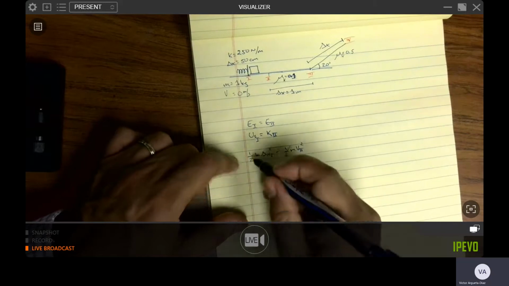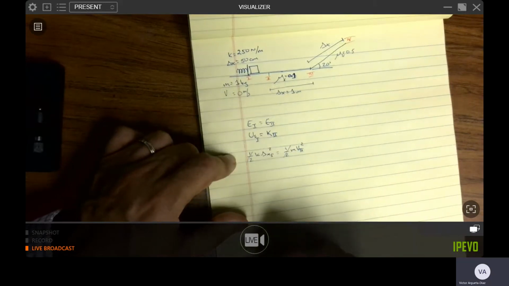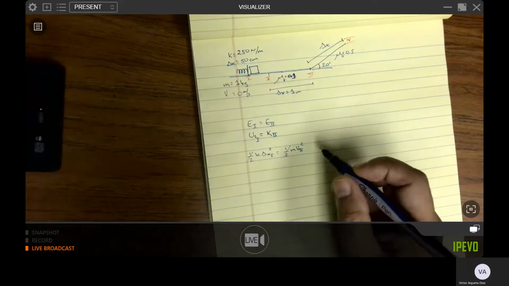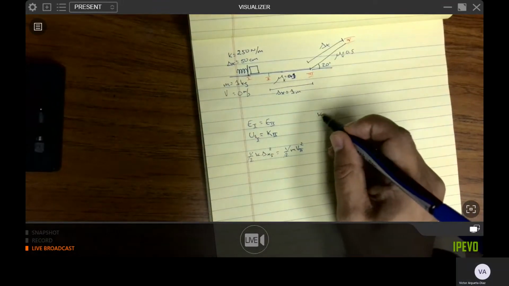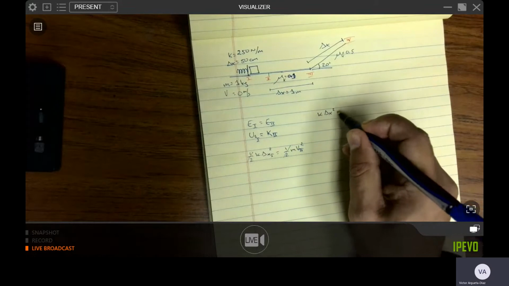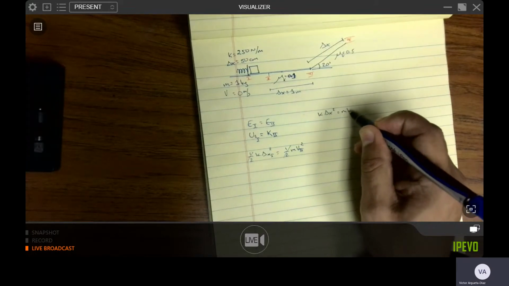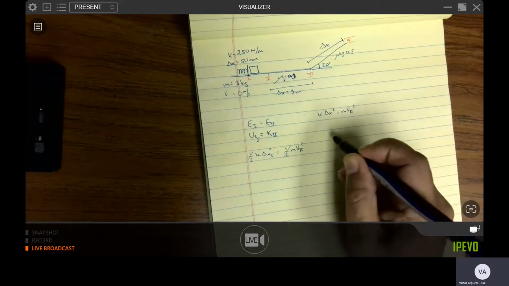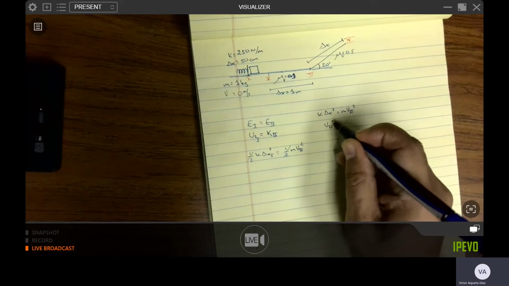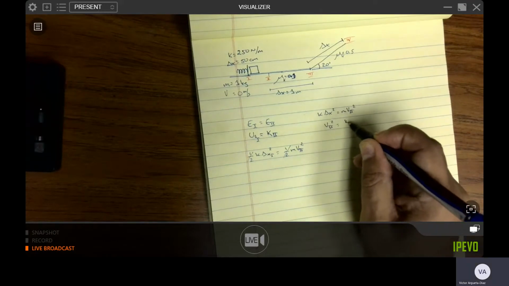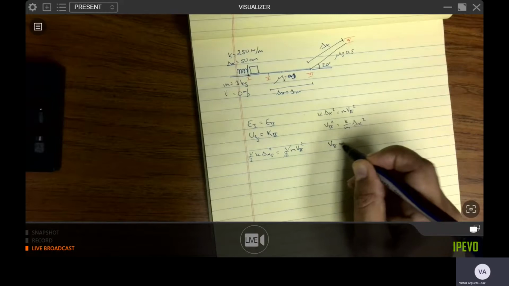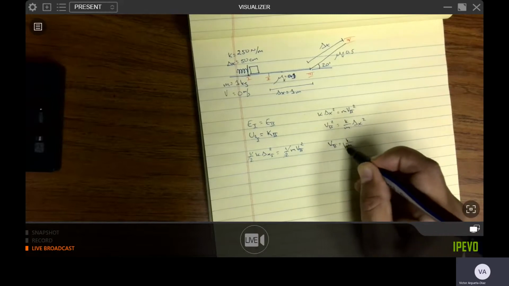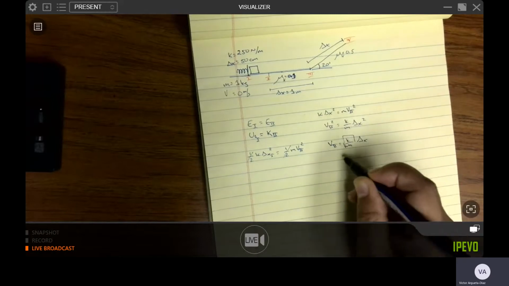So you can see that the halves are going to cancel. Then I'm going to have K delta x squared equals m v2 squared, and v2 squared is going to be K over m delta x squared. So v2 will be the square root of K over m times delta x.